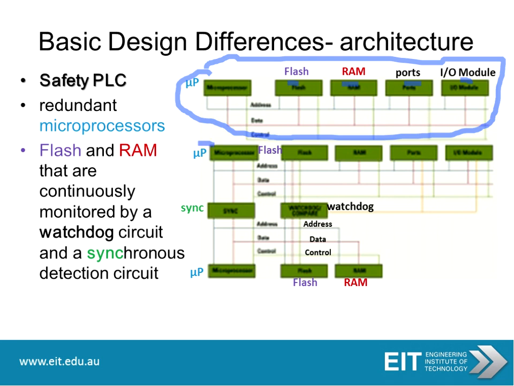Instead of 1, we have 1 on the top, 1 at the bottom, with a sync circuit in between. And similarly, we have address, data, and control lines. But different now, we've got our watchdog or compare circuit, and this flash and RAM is continuously monitored by the watchdog circuit and a synchronous detection circuit, as I have pointed out. So there's the additional flash and RAM as well.